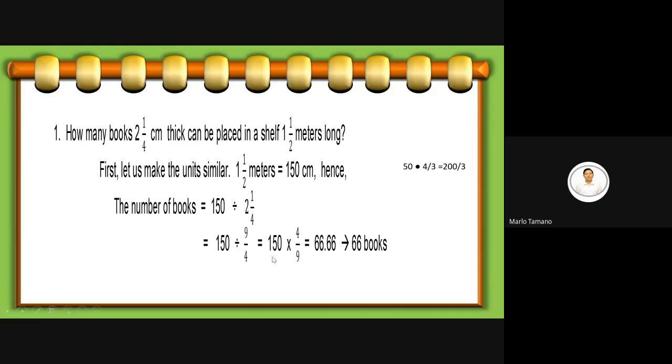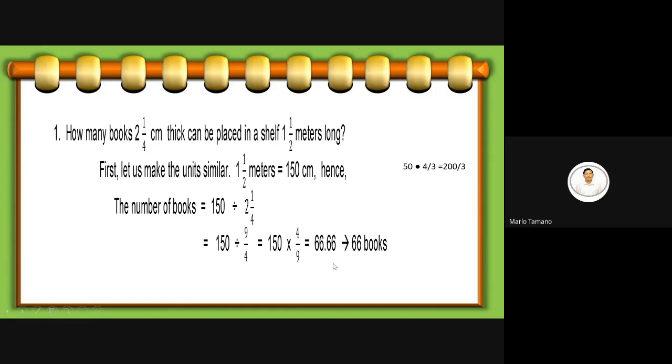Okay, so instead of multiplying 150 times 4, malaki. Naintindihan? So, ginawa ko 50 times 4 over 3. So, 50 times 4 is 200 divided by 3. Okay po? Ilang 3 meron sa 200? 66.